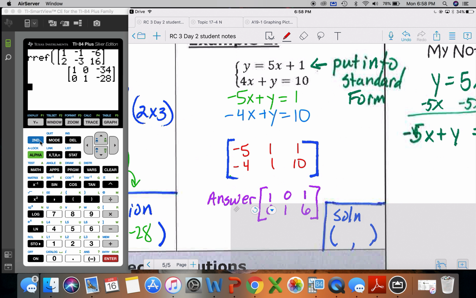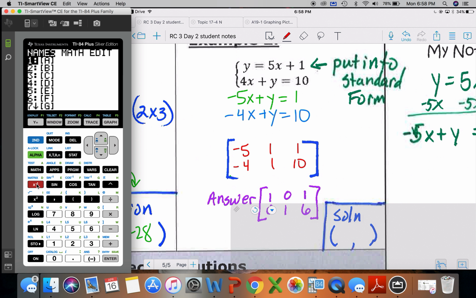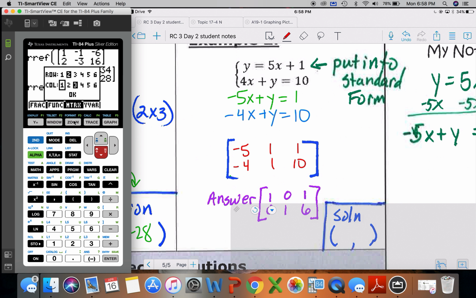Again, my steps to get the answer, even though the answer is already shown, is second, matrix, scroll to math, scroll to B, alpha, zoom, 2 by 3 is already selected, so I click OK. -5, arrow, 1, arrow, 1, arrow, -4, arrow, 1, arrow, 10, arrow.